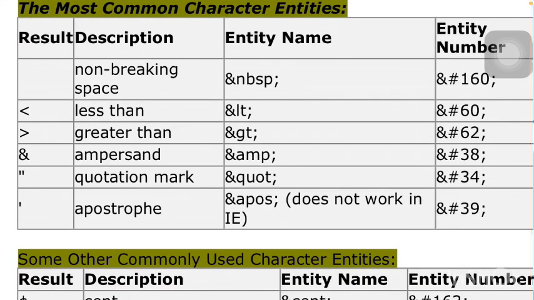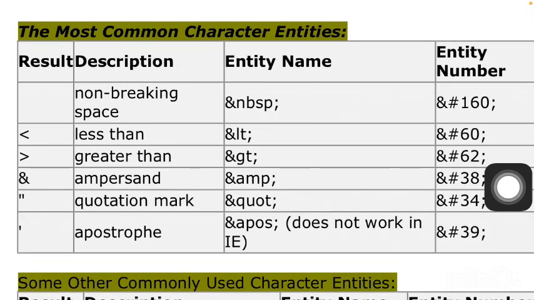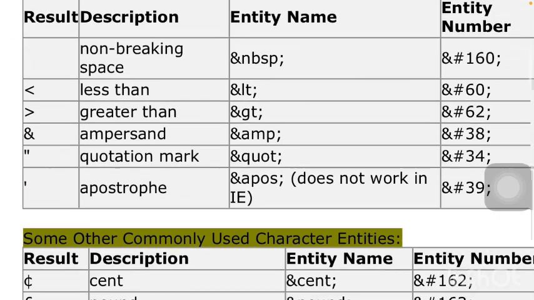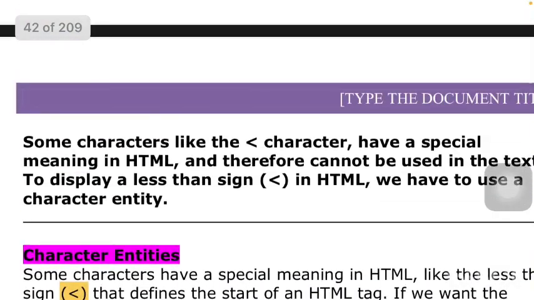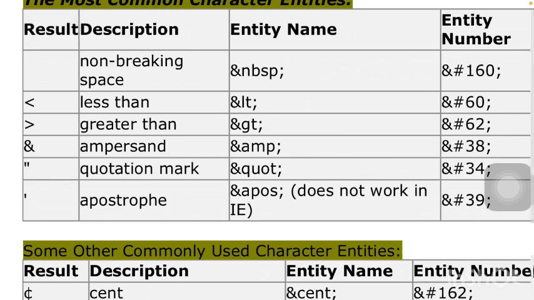And there are many of those codes here that you might not get easily. They have their entity name and they have their entity number. Sorry, I've been talking about entities. They have their codes here.